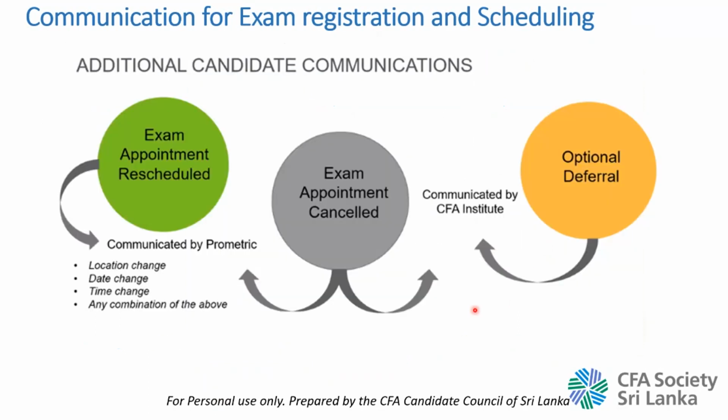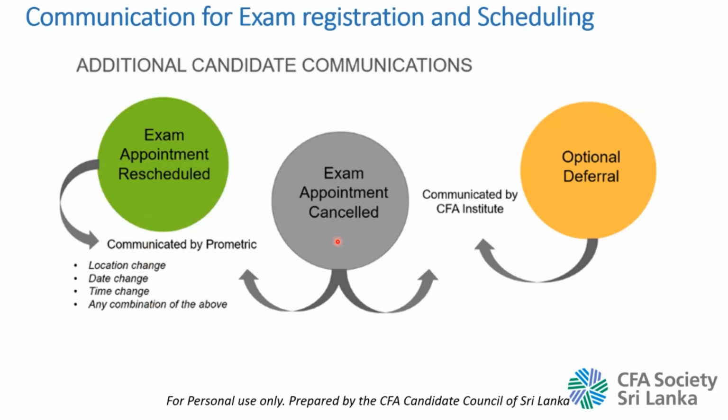Any additional communication would come up as well. Anything relating to rescheduling, Prometric would have to communicate. Location changes, date changes, exam appointments being cancelled and things like that. Given the current context, that's always something to watch out for, so always be on the lookout for any communications from them.